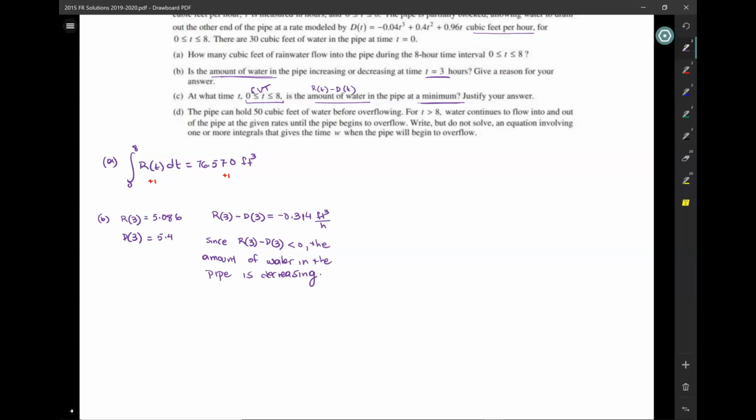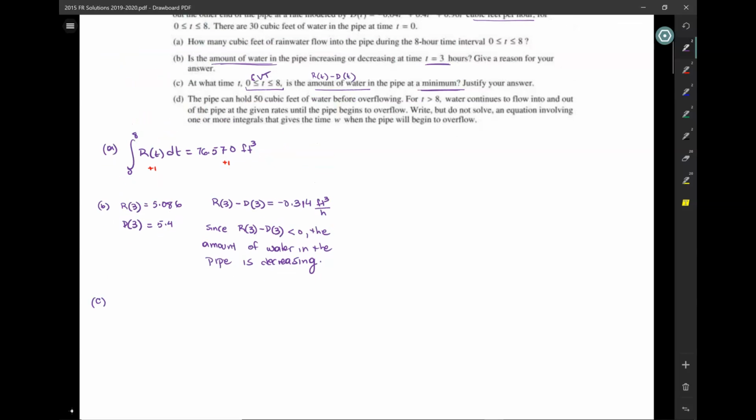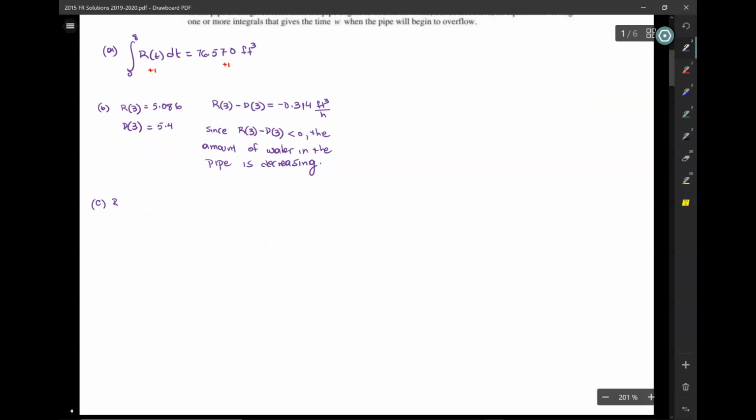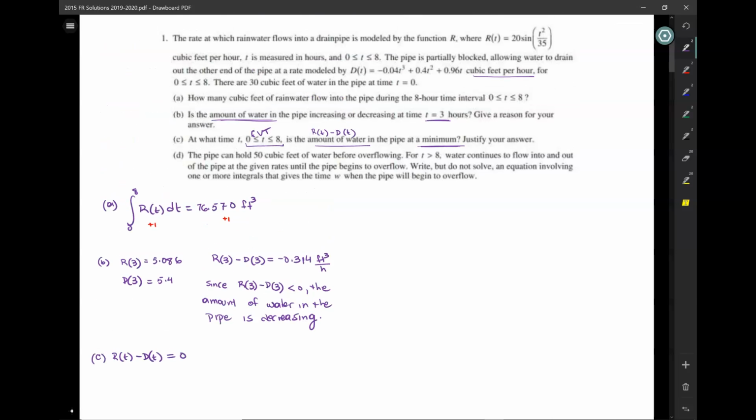Okay, so listen, here's what we need to do. We want to know when R of t minus D of t is equal to 0, because we're already given the rate of change of the amount of water.